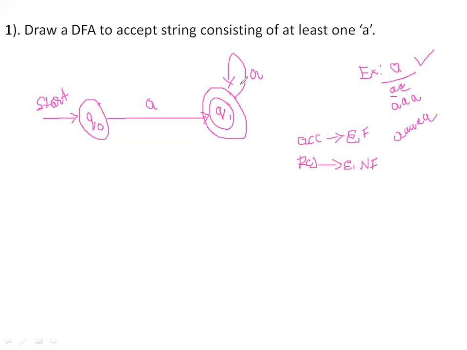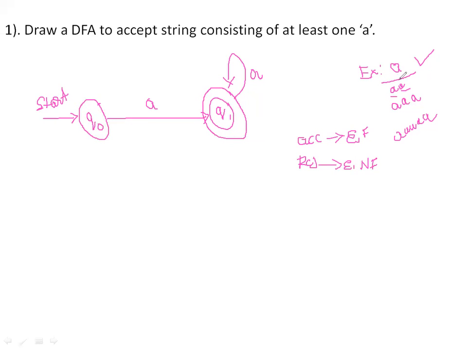In the second case, instead of providing this self loop, if I make a reverse loop for Q0, then with double A, the first A goes from Q0 to Q1, and the second goes from Q1 to Q0. Where you are standing now, you will be in Q0, so double A will be rejected. This should not happen, remember. So if I provide a self loop for Q1, then double A will be accepted.